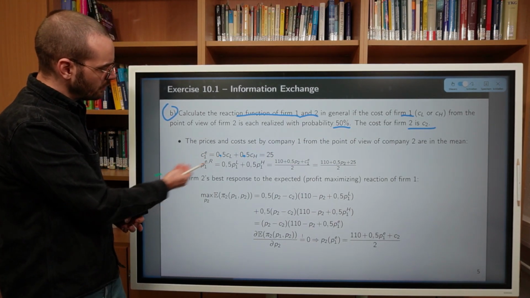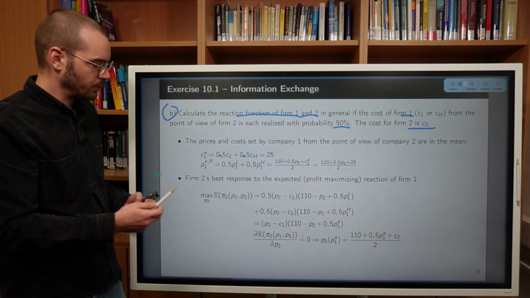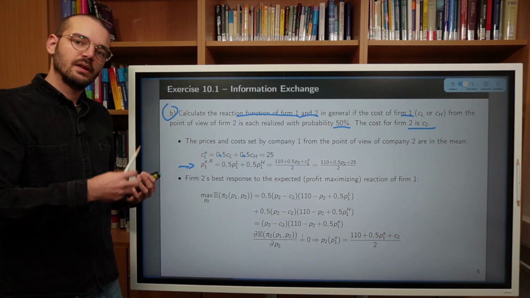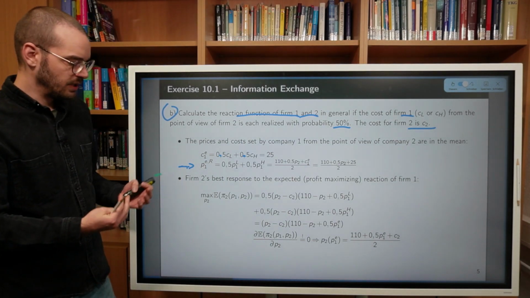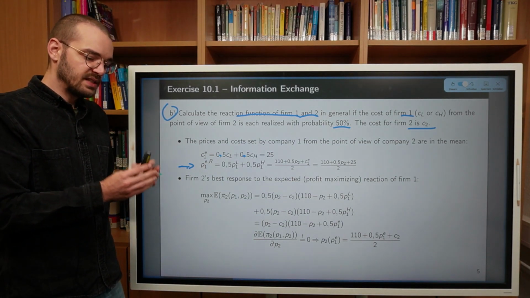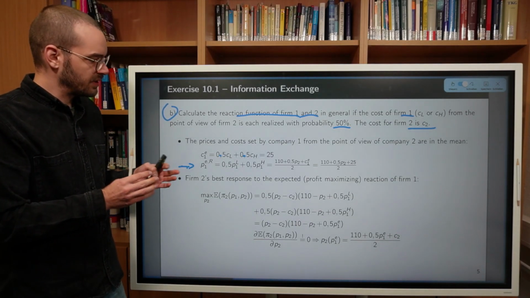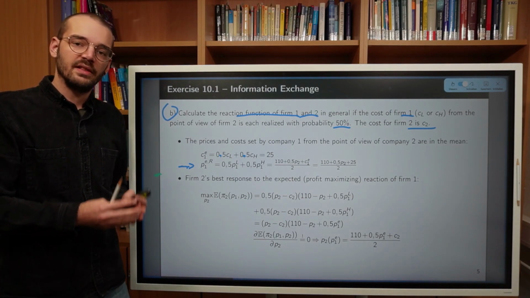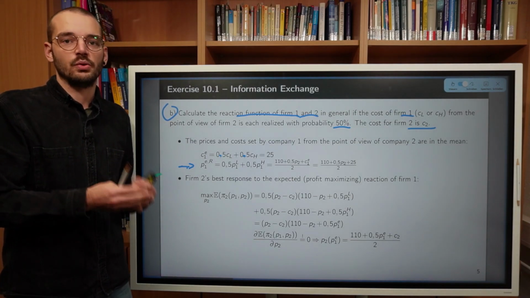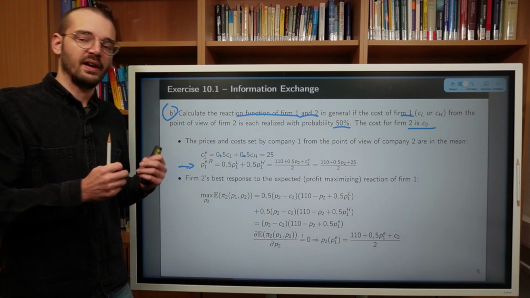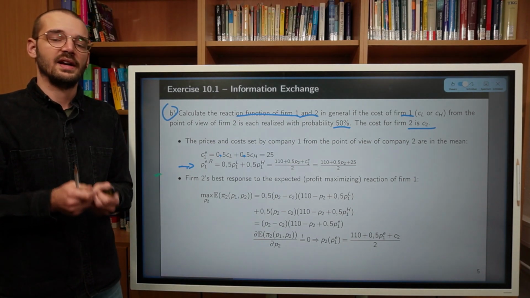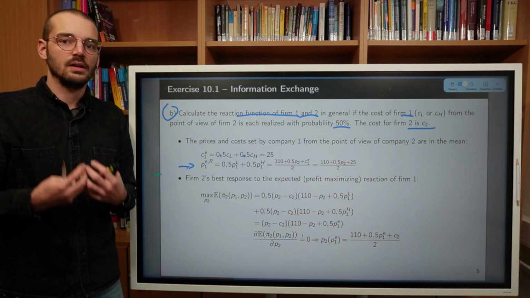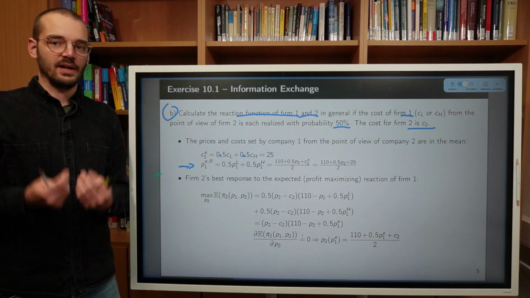Same is true for the price that firm 1 will set. From the point of view of firm 2, the pricing strategy of firm 1 is equally likely for low costs and high costs. So if firm 1 has low costs, they will set a price according to their low marginal costs. And if firm 1, on the other hand, has high marginal costs, it will set a price according to their high marginal costs.